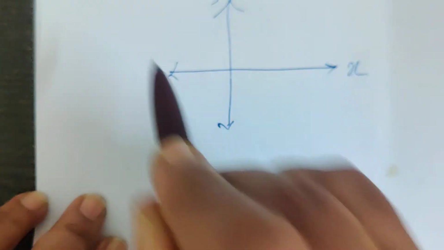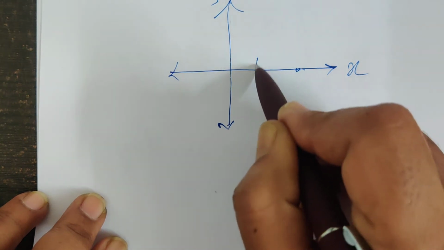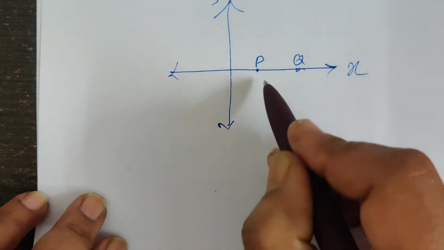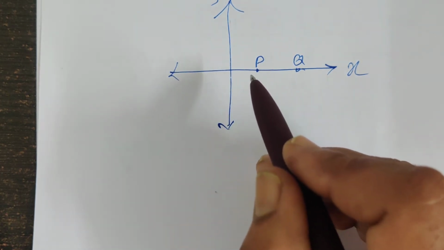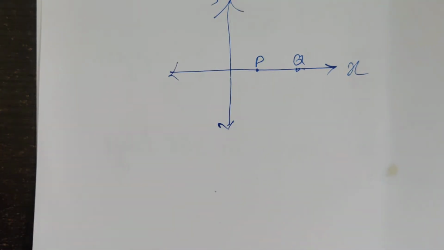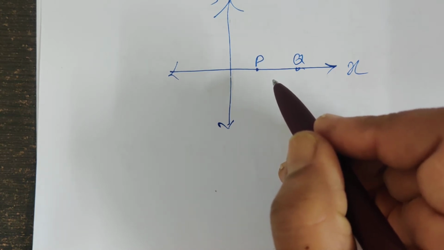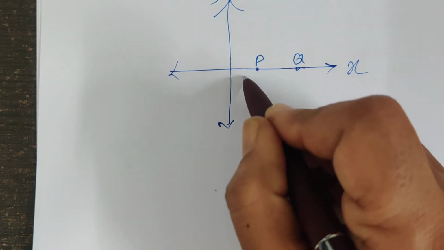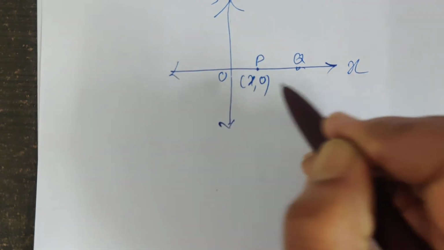of the x-axis. That means here the point P is present and here the point Q. The x coordinate of this line will be x1 and the y coordinate will be 0.